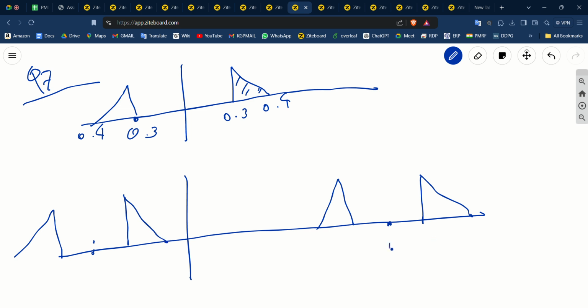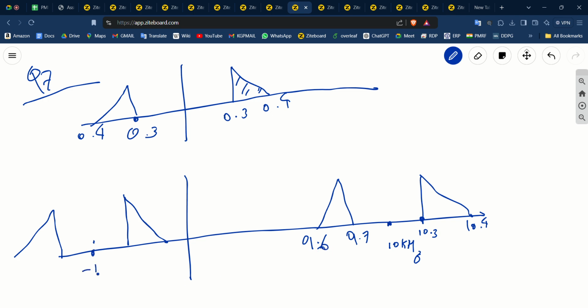This center frequency will be 10 kilohertz as given in the problem. So if this is 10, what will be this? This will be 10.3 and this will be 10.4. This will be 10 minus 0.3, so this will be 9.7 and this will be 9.6.